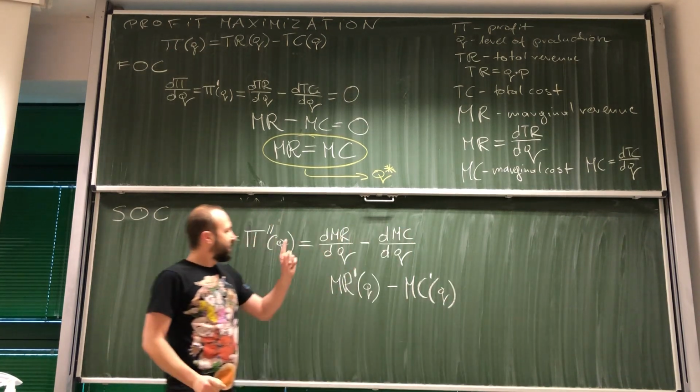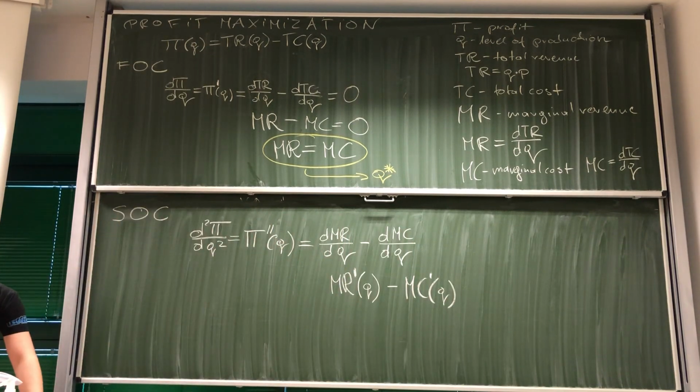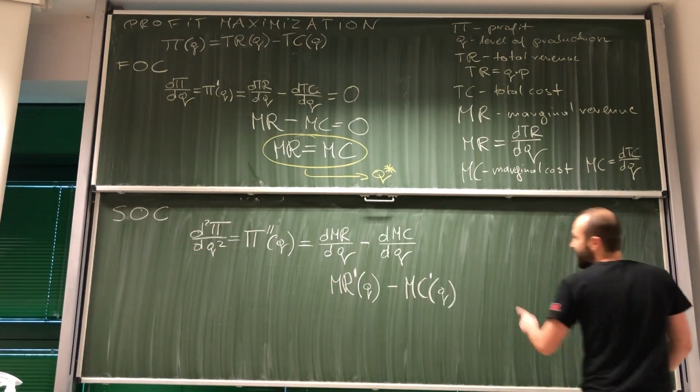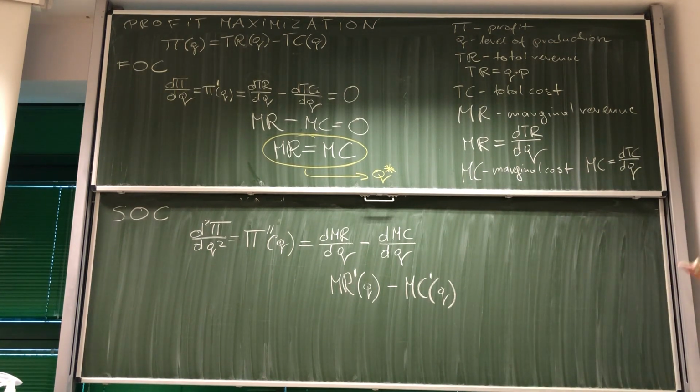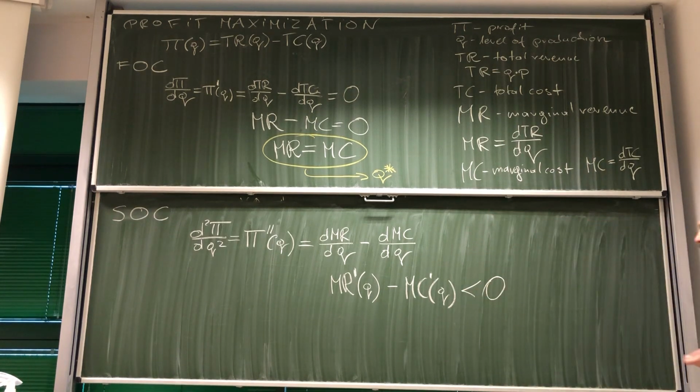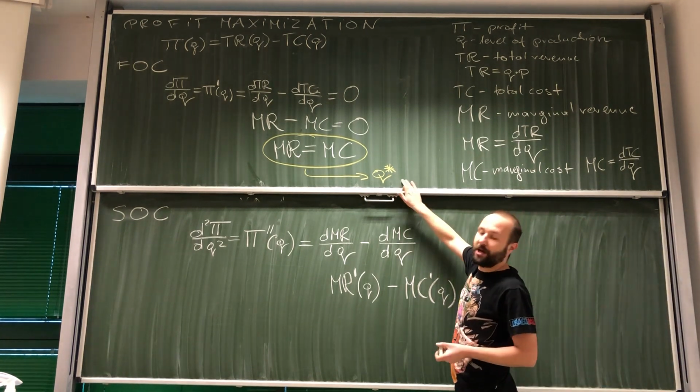And look, here we want two things. First, this is going to be a maximum if and only if the second derivative is lower than 0. But, as I said, here we can get more than one q.